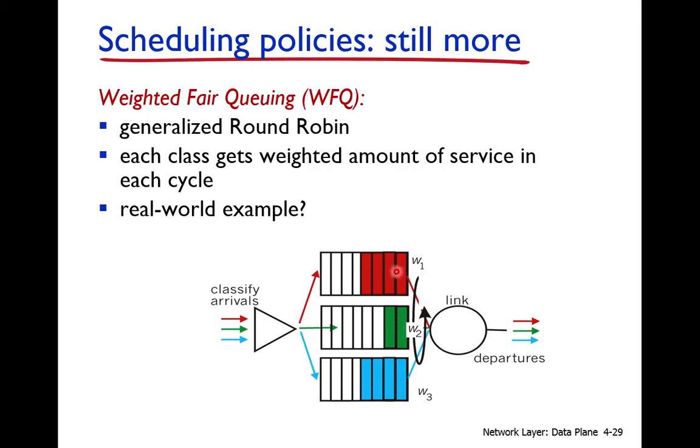Then we again transmit 3 packets from the higher priority, 2 from lower, and 1 from lowest. So we transmit a different number of packets from each class at a time depending upon the weight. This is called weighted fair queuing. It is a more generalized round robin mechanism, and each class gets a weighted amount of service in each cycle. For example, in the first cycle, 3 packets are transmitted from this queue, 2 packets from this, and 1 packet from this queue.